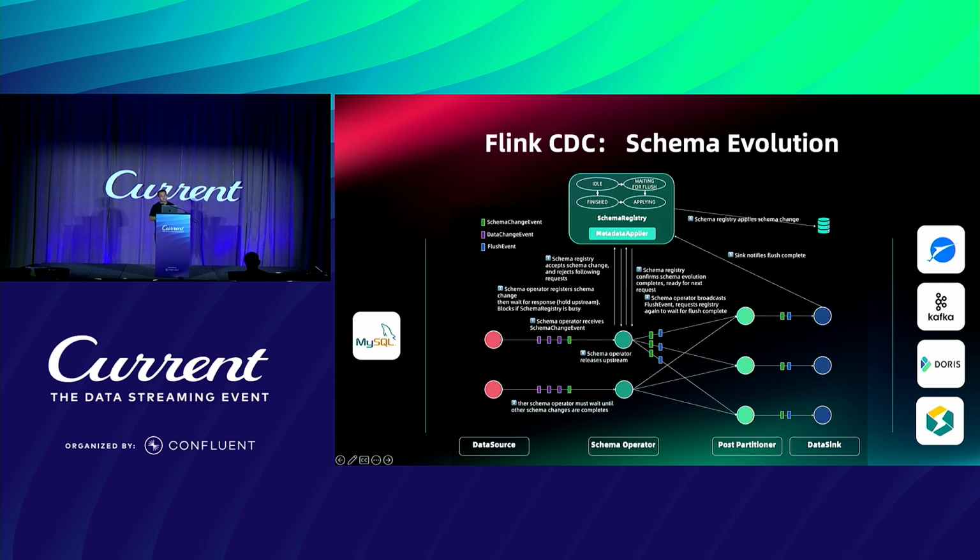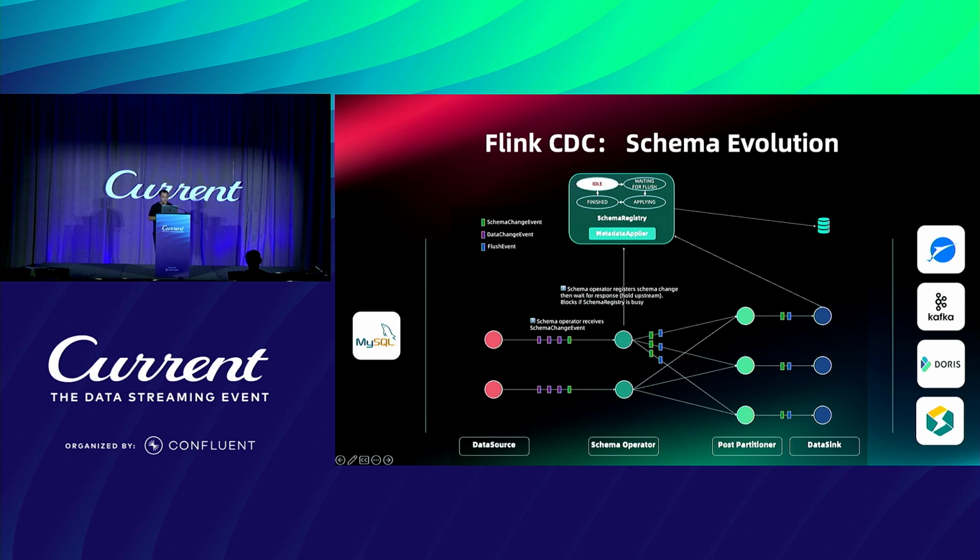Okay, let's look into the most complex but also most attractive feature, schema evolution. Schema evolution is pretty hard to make clear in a short time, so I will briefly introduce the feature. The schema change event will be sent first, like create table.